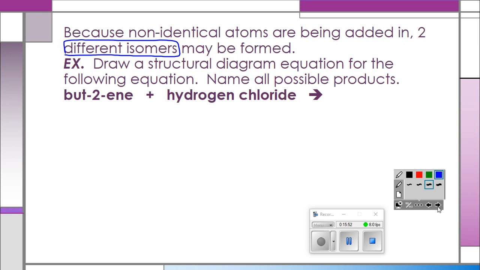Now, if I consider this reaction where I'm taking but-2-ene, and we already had but-2-ene in another question, but I'll just draw it here. There's but-2-ene. I'm going to add hydrogen chloride, so that's HCl.